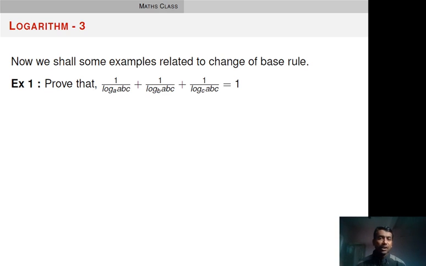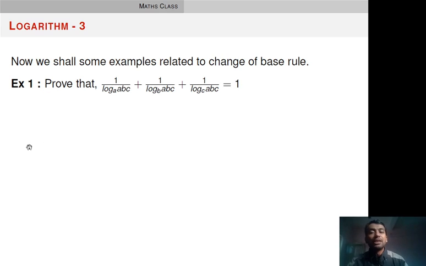Many examples we have discussed in session 1 and session 2, but in all those examples, the base of the logarithm was the same. It means we did not have to use the change of base formula. But in this case, the log functions have different bases, so we have to use the change of base formula.